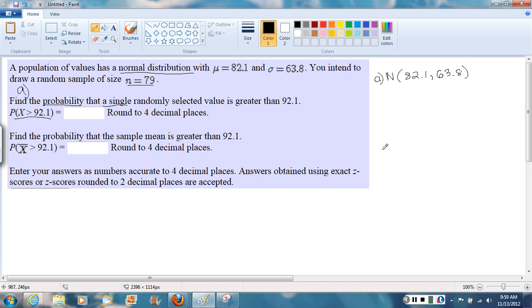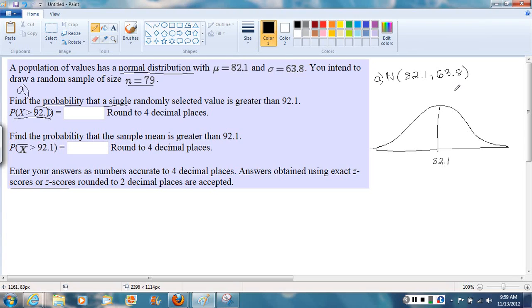We can draw that curve out, so there's our horizontal axis. Make your nice symmetric bell-shaped normal curve, and at the middle, that value coming through the middle, 82.1. And then the value of interest here is that 92.1.